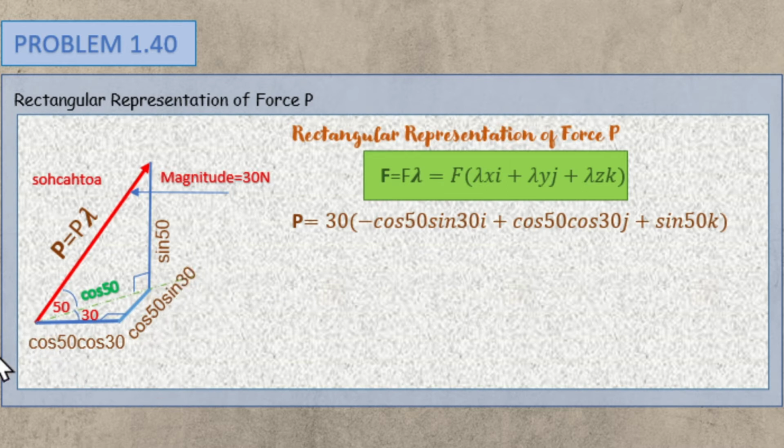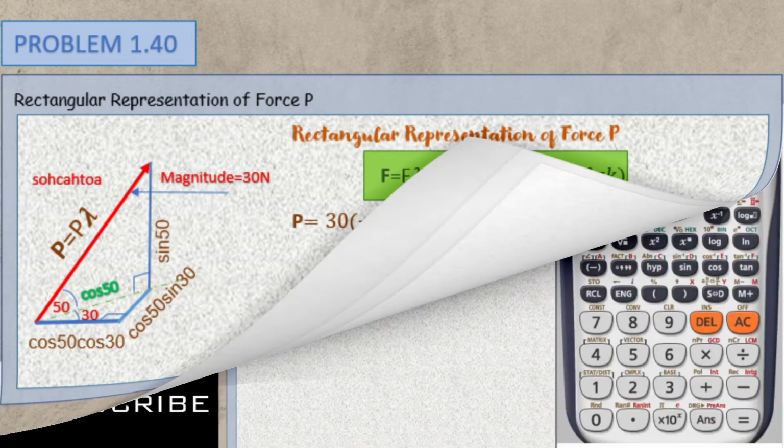So if this is positive x-axis, then from here to here it is negative x-axis. So that is why this becomes negative cosine 50 sine 30. And this is positive since this is actually on a positive y-axis, and also this is positive since this is on a positive z-axis.